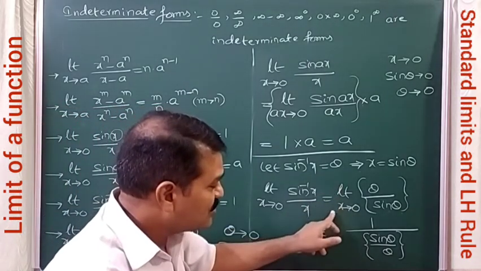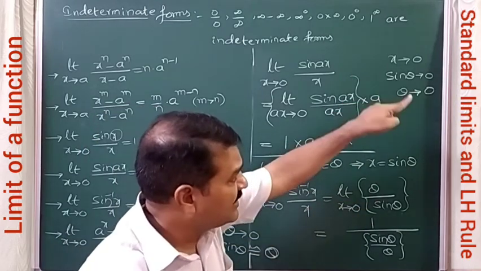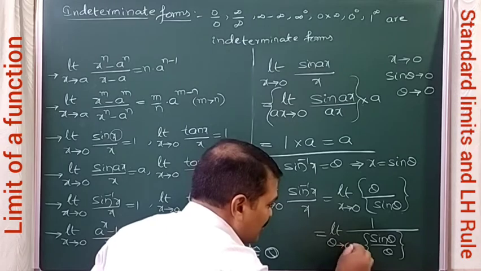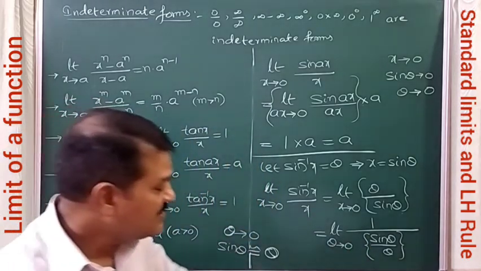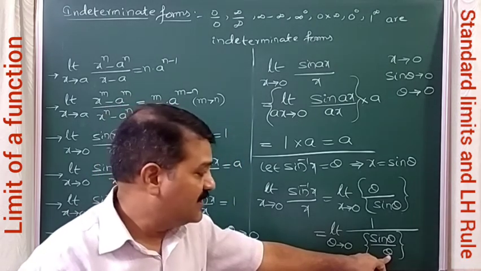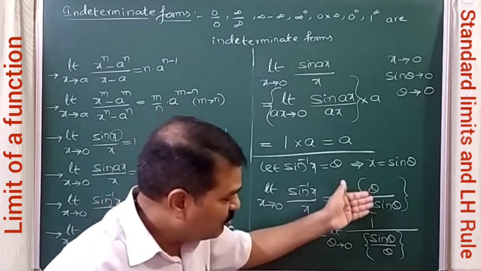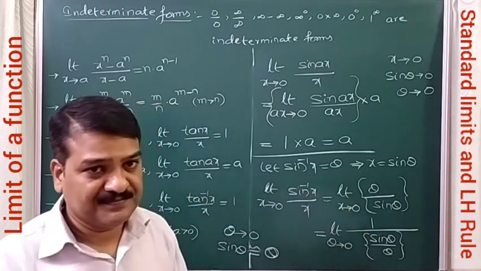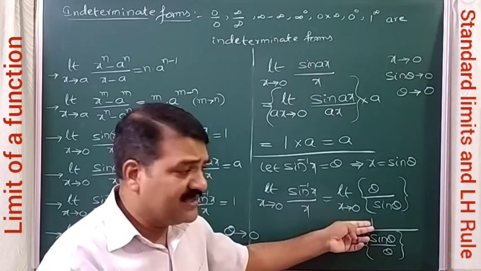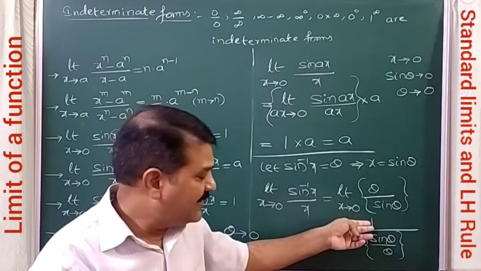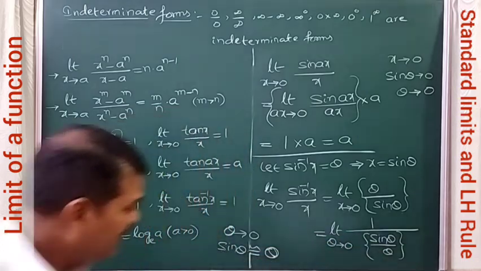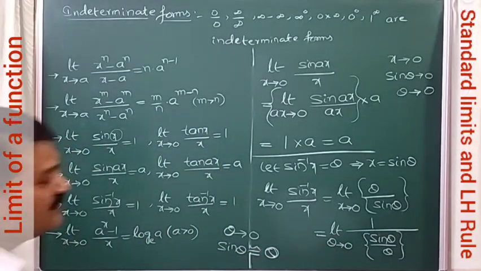Okay, so limit x tends to 0 means limit sin theta tends to 0, which we can write as limit theta tends to 0. Now this limit we can apply to numerator and denominator separately when you are getting finite limits. Numerator is constant, so no need of applying limit to this one. When you apply limit to denominator, we can use this standard result.